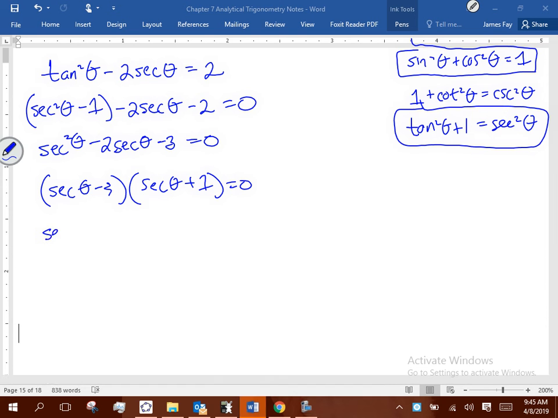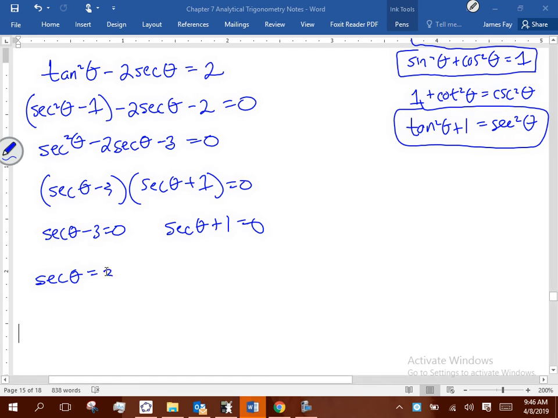So then secant theta minus 3 is equal to 0. Secant theta plus 1 is equal to 0. So secant of theta is equal to 3. And secant of theta is equal to negative 1, right?